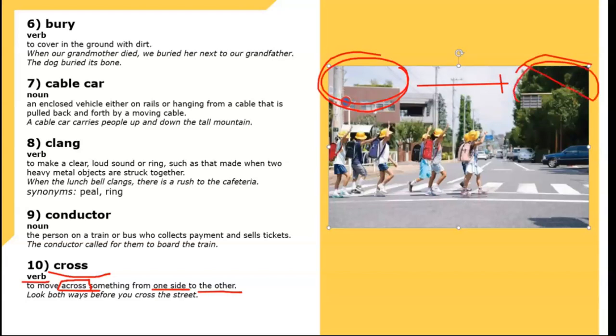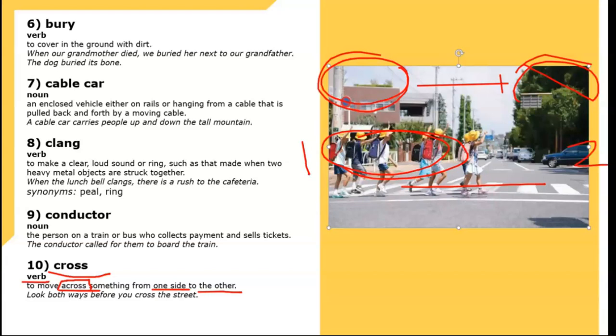So it's not an action. I'm not telling you to do anything. The school can't go to the park. It's just where it is. However, the word cross is an action word. So in this picture, these children, they are crossing the road. They are going from one side of the road to the other side of the road.